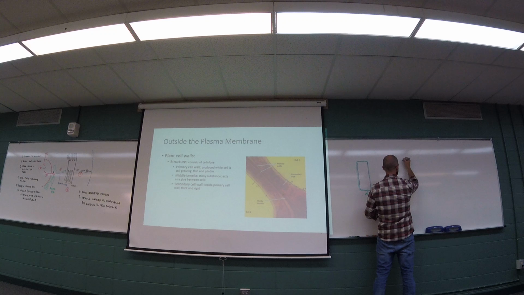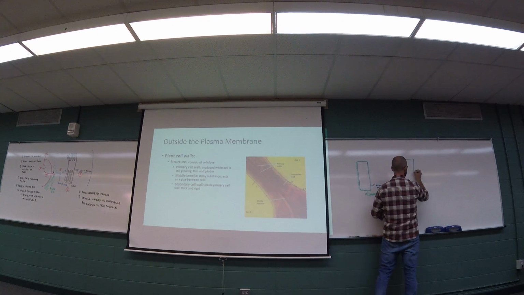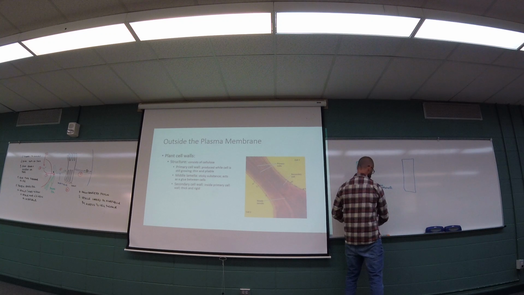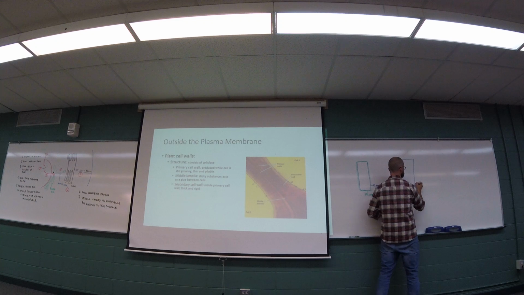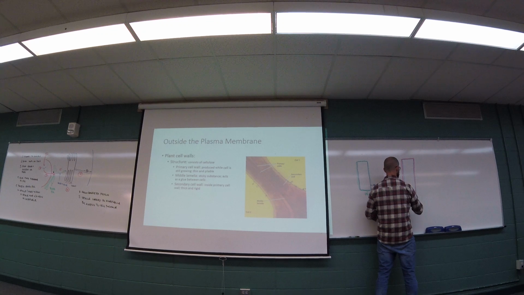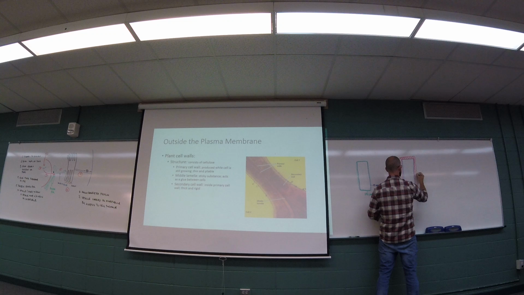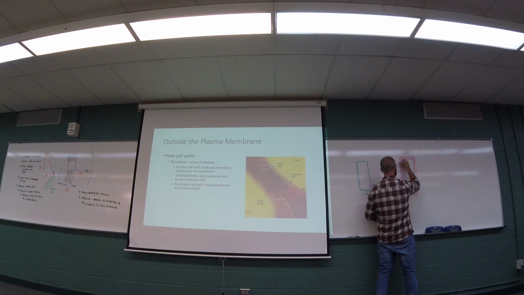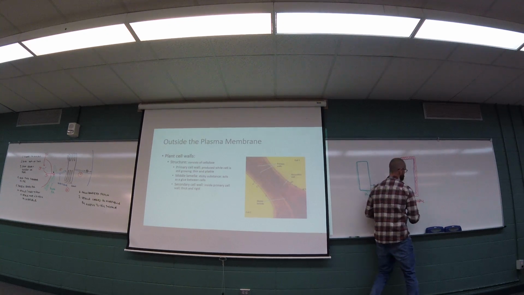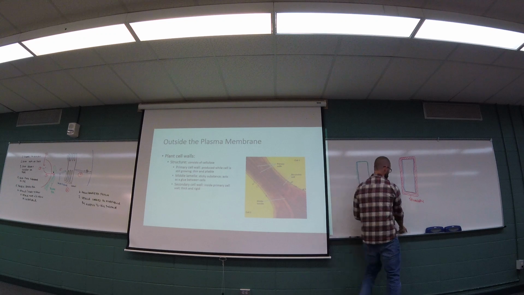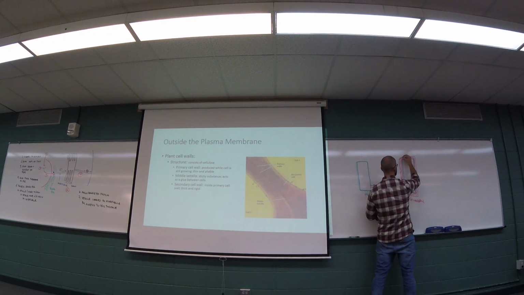So the plasma membrane secretes a much more rigid structure called a secondary cell wall. That is in between the plasma membrane and the primary cell wall.